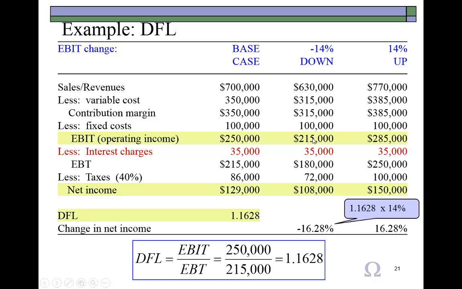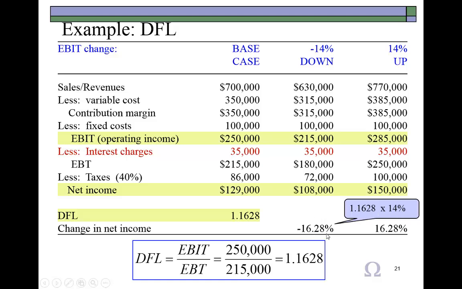So without further calculations, we know right away that a 14% decline in EBIT will bring about a 1.1628 times decline in net income, meaning multiply this 1.1628 by 14, and that's going to come out to be 16.28%, as I demonstrate here.